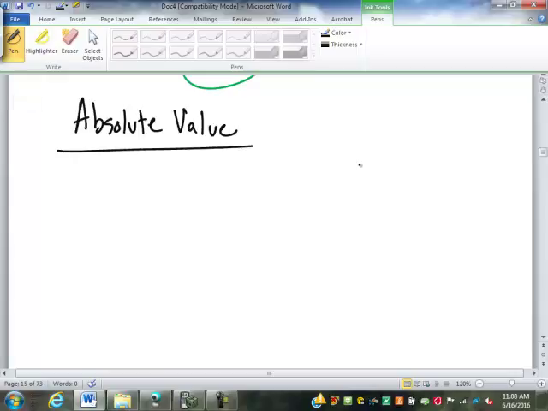Absolute value means the length of the vector. That's that arrow we were talking about.